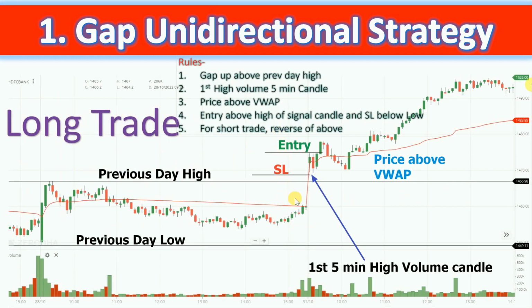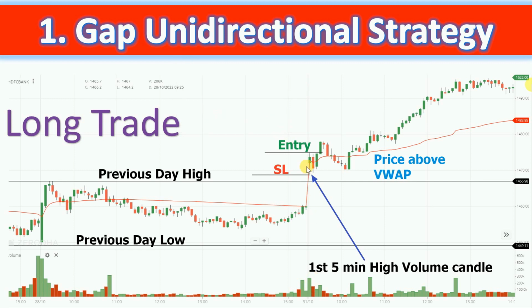The second point is the first 5-minute high volume candle should be there. So look at the volume in this first 5-minute candle. This volume is greater than the previous trading day's last session.